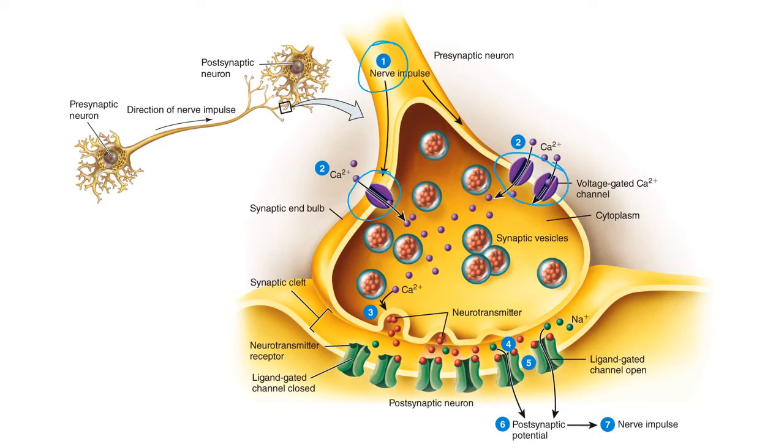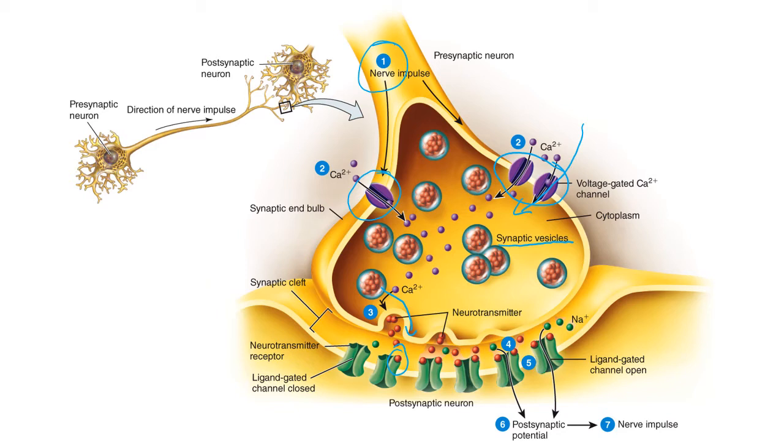Those voltage-gated calcium channels open up. They allow calcium to come into the inside of the cell, and that causes all of these vesicles that contain our neurotransmitter to migrate to the end bulb, exocytose their contents, and then their contents come out here and bind to the receptor.